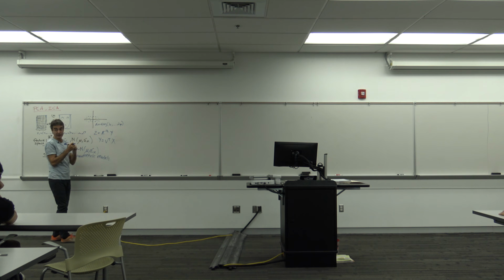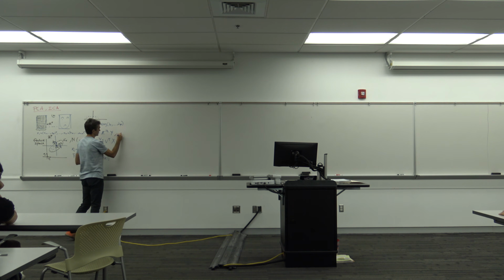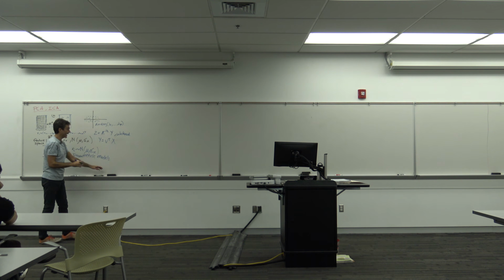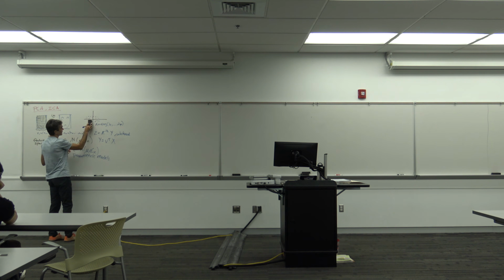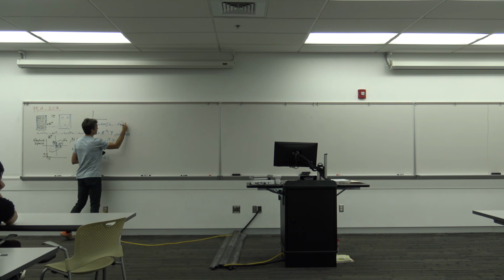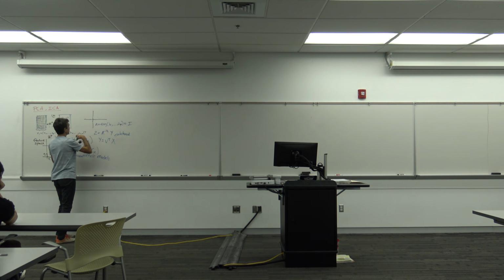And now I have whitened my data, which means that I have made this distribution covariance equal to the identity matrix, right? And now my samples are going to be distributed like this, right?